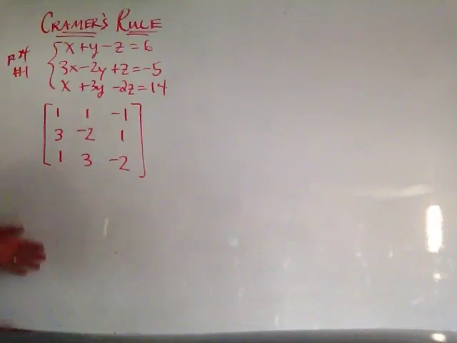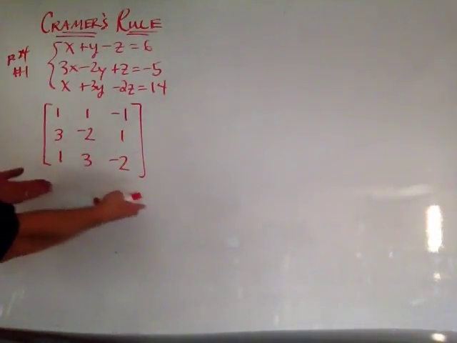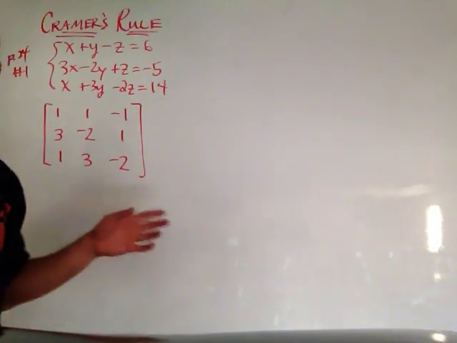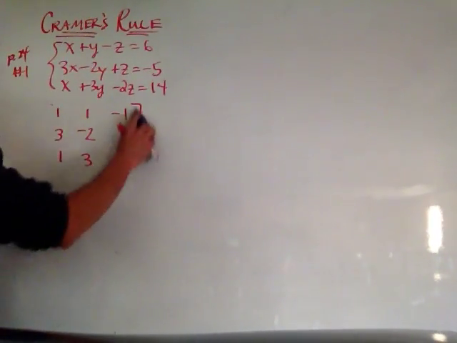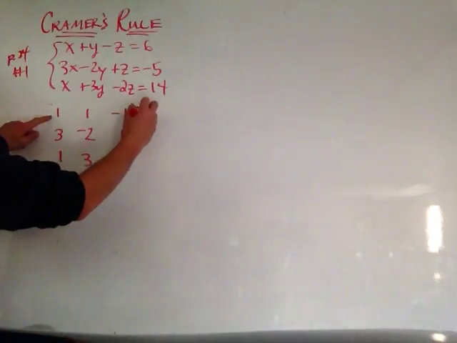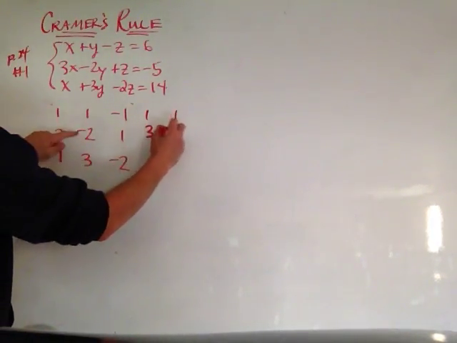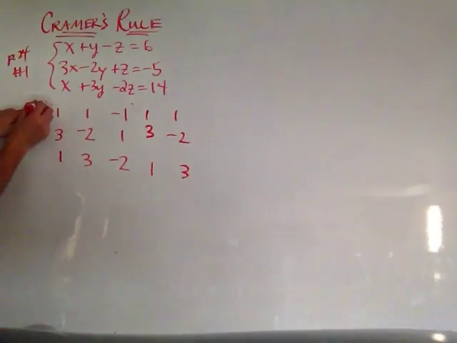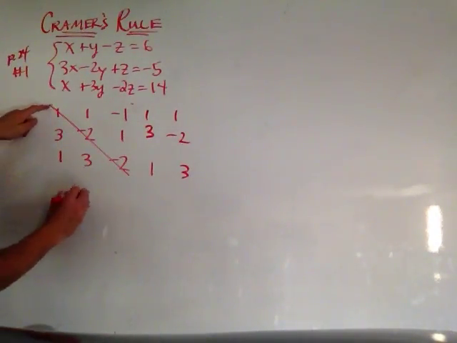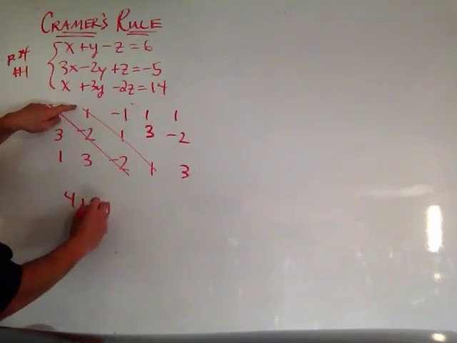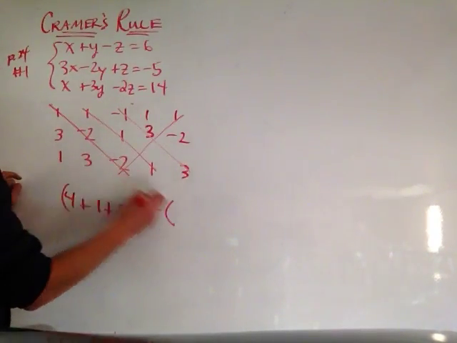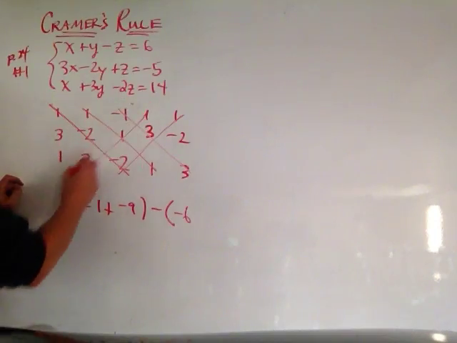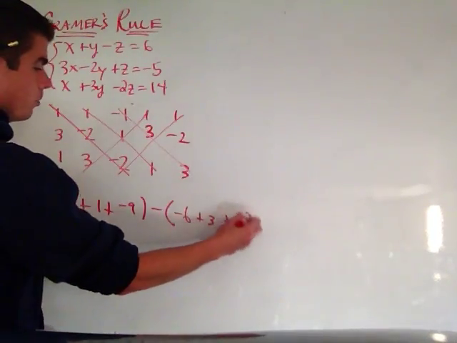And if you're really good at finding determinants, then you should do this on your own, not necessarily watch me, and just make sure we get to the same value. So I will find my 3 by 3 determinant. I will do the math, and you can follow along or do it yourself. So I have 4 plus 1 plus -9 minus -6 plus 3 plus 2.